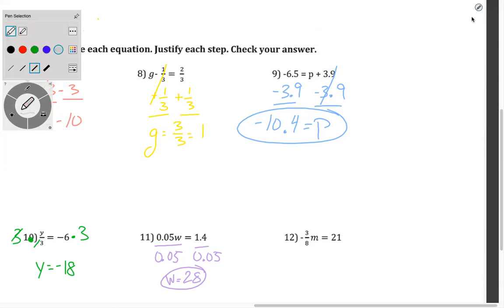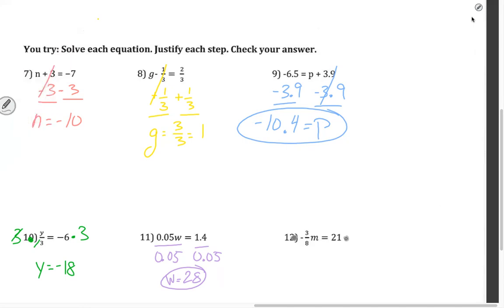Let's pick a nice charcoal gray. All right, last one, Julie. How do I get rid of times -3/8? All right, let's not say divide by -3/8. Let's say multiply by the reciprocal, which is -8/3.